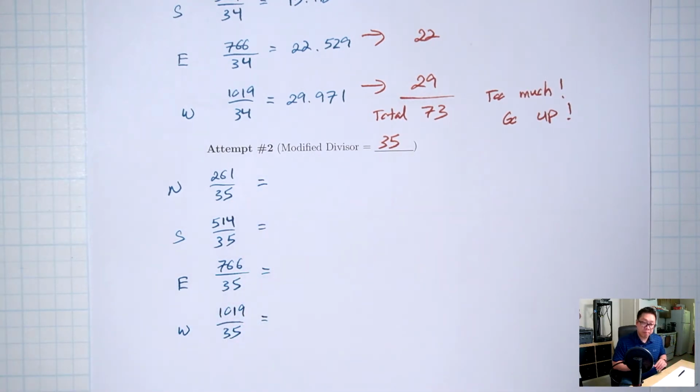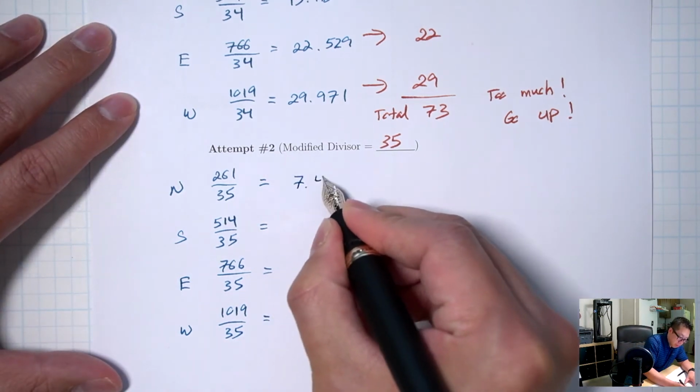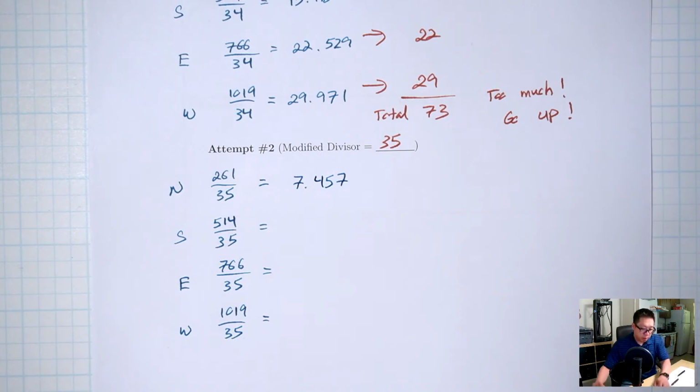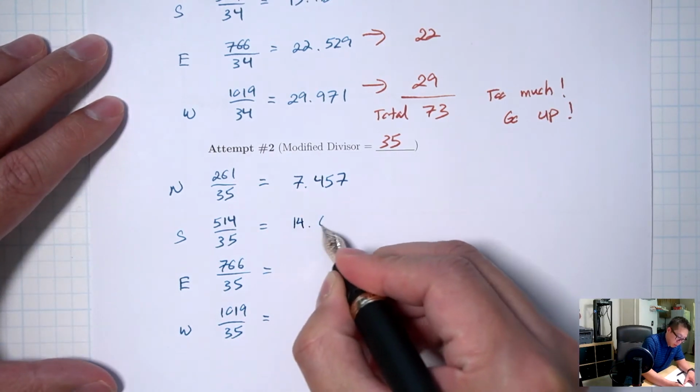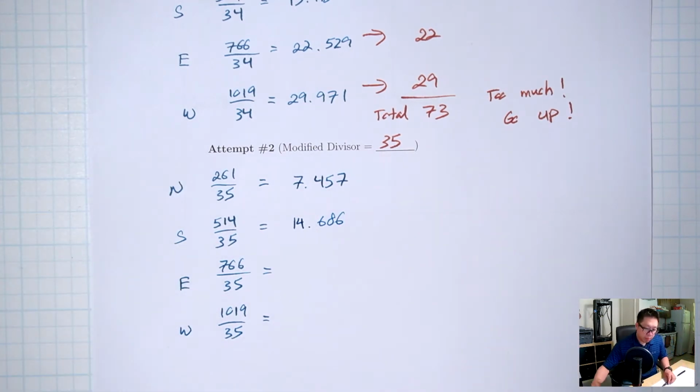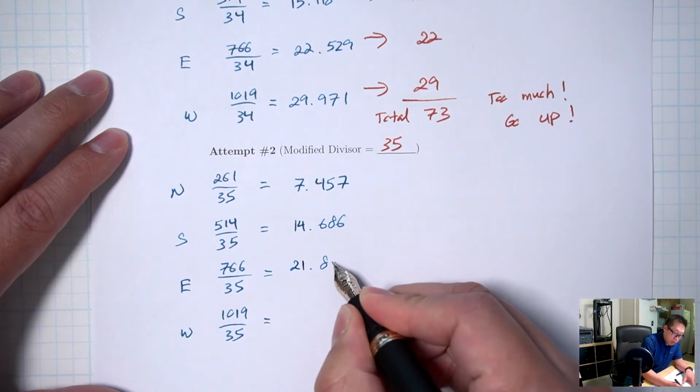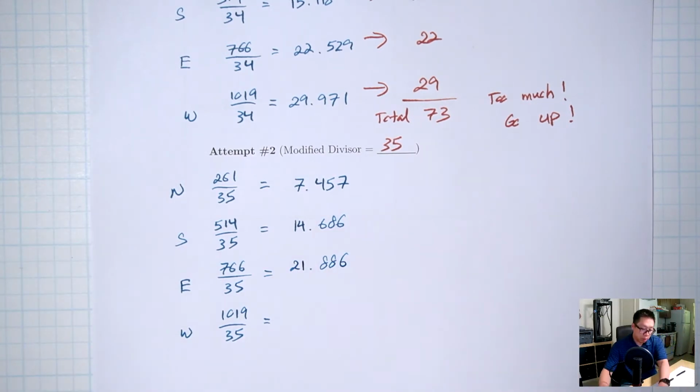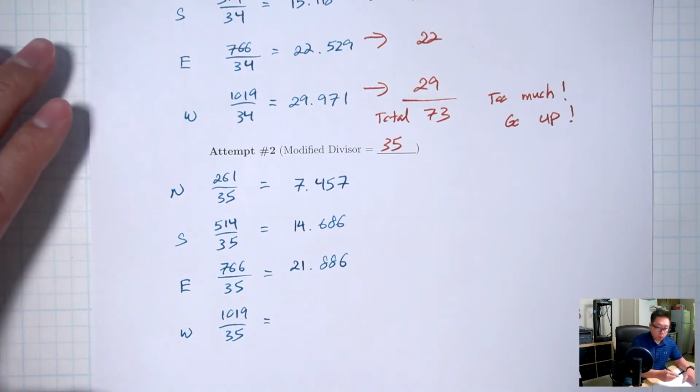Okay, use the calculator. $7.457. $14.686. $21.886. 1019 over 35. 29.114.